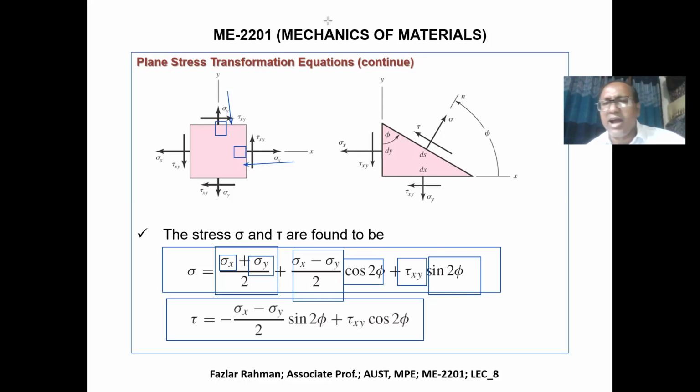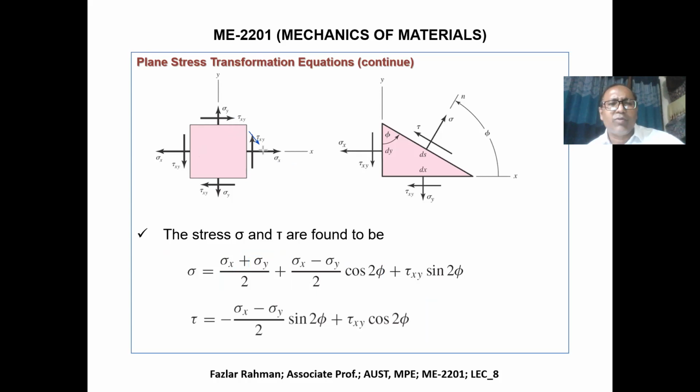And the tau, this tau, always look right over here, this corner. So this tau xy is moving upward, and on the opposite side, moving downward. What it is doing is trying to rotate this object anti-clockwise. So for anti-clockwise, tau is positive.